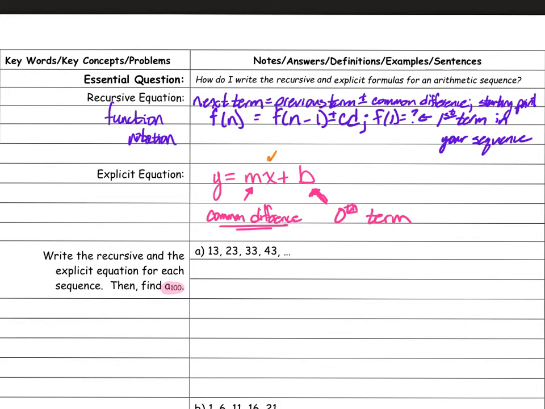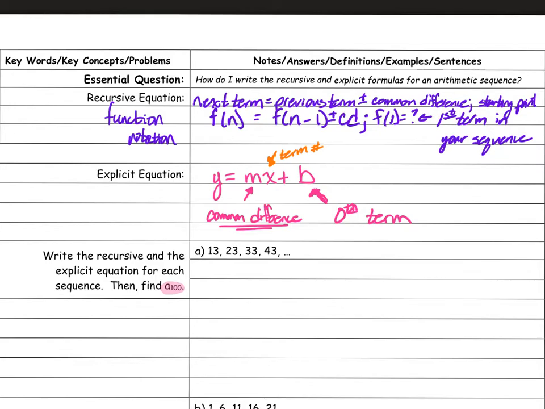This number is my term number, right? So I plug 100 in where that x is and solve. And I'm going to show you how to do that right now. We're going to practice some problems, and then you're going to go ahead and do some practice problems.